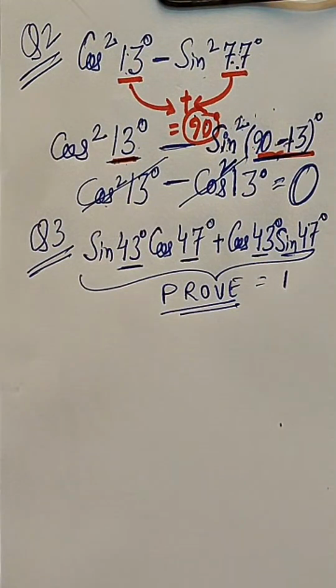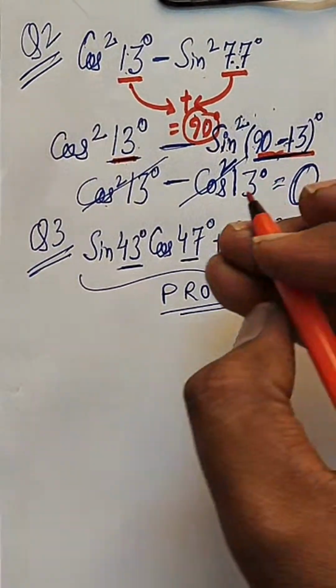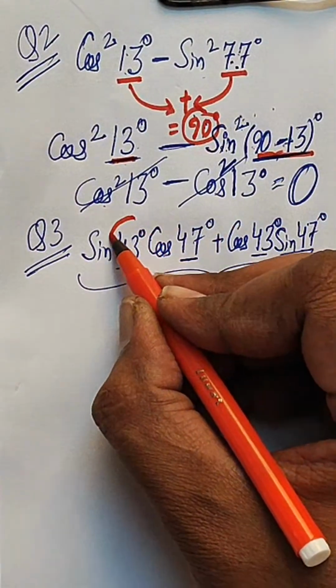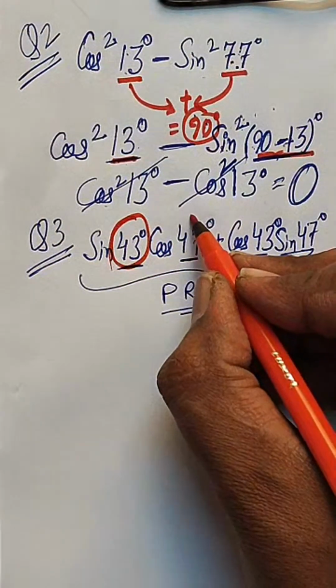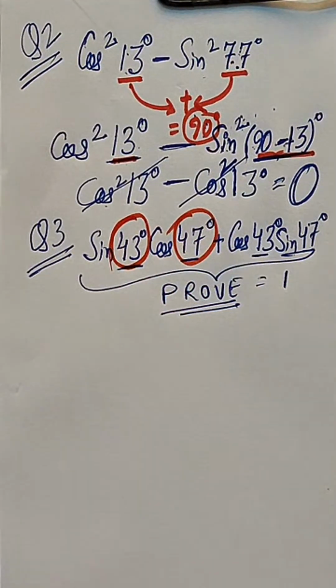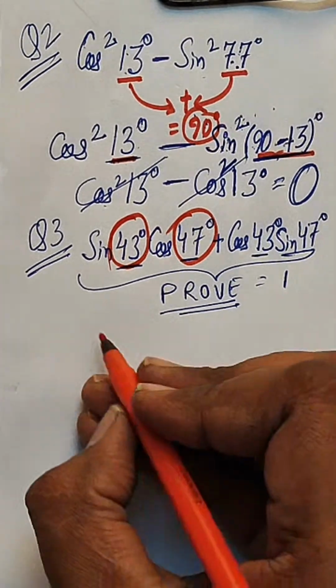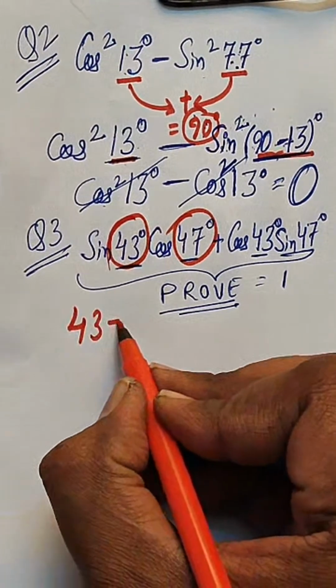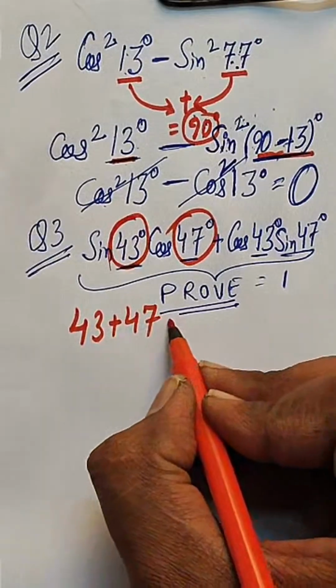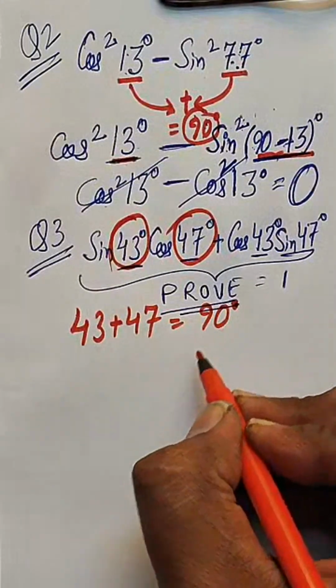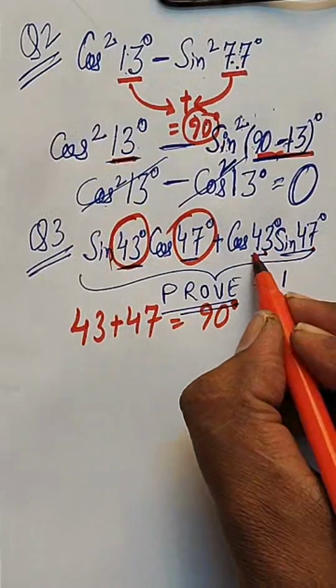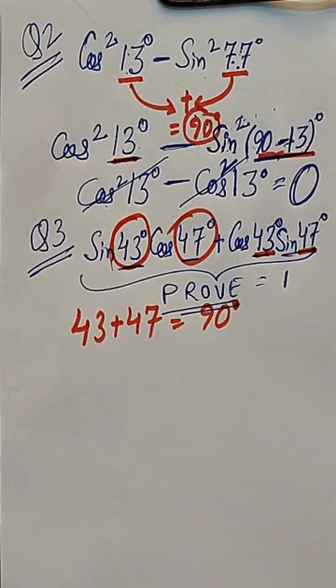So students, you can easily see, my dear friends, that 43 and 47, when added together, 43 plus 47 is nothing but equal to 90. Similarly, it happens over here also, 43 and 47.